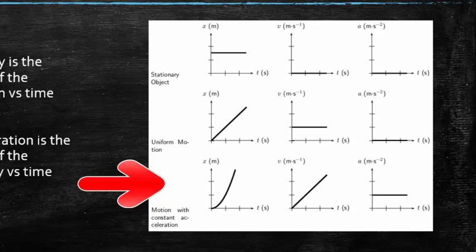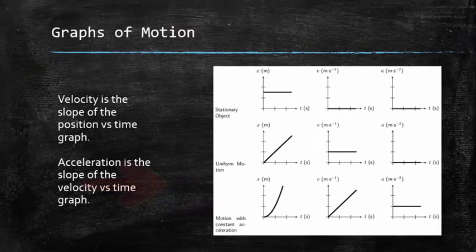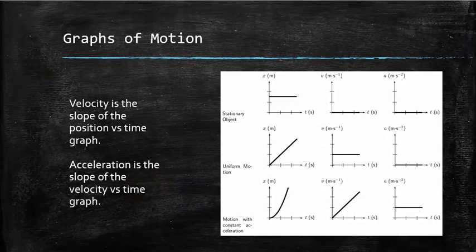Calculus here helps, but just trust me on this. And when you take the slope of the velocity, it's going to be a nice constant value. So those are graphs of motion.